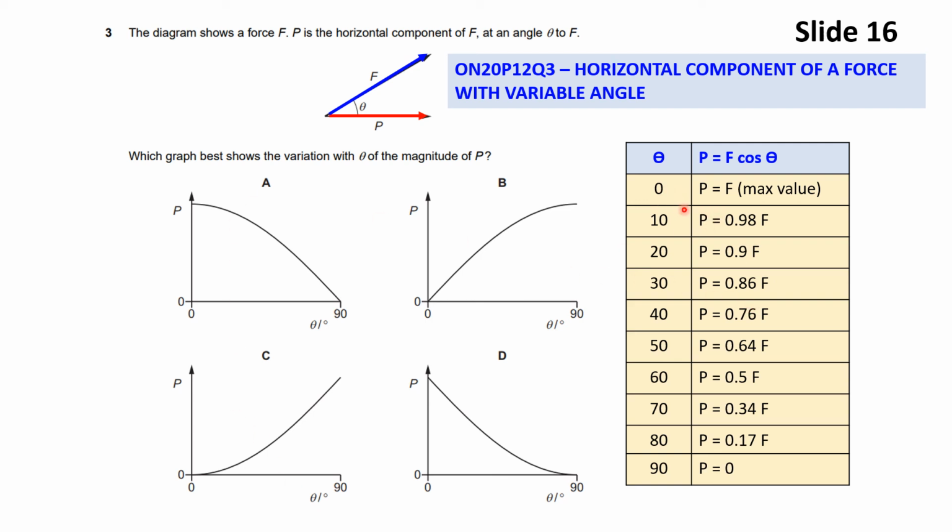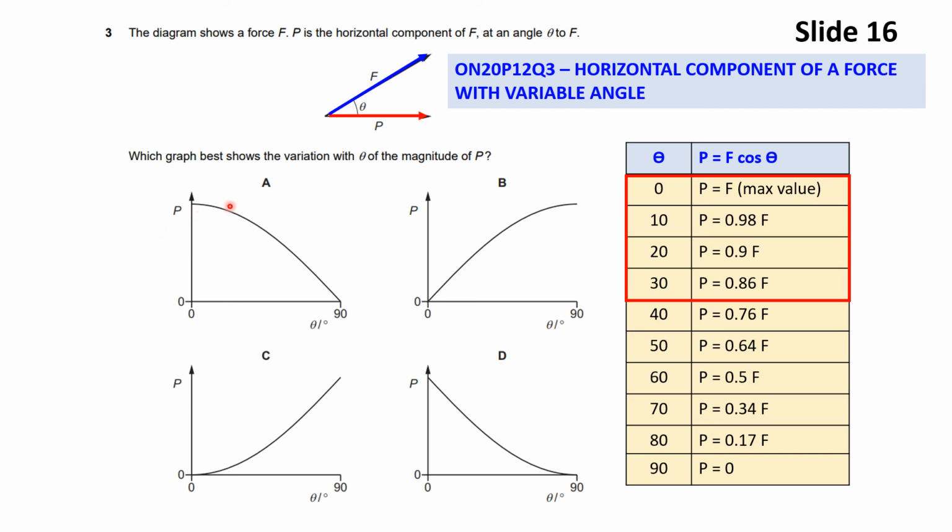So as you see in this complete table here, from 0 up to 30 degrees, the value of P is pretty close. For 0 it is maximal, 10 is 0.98, 20 is 0.9, 30 is 0.86.